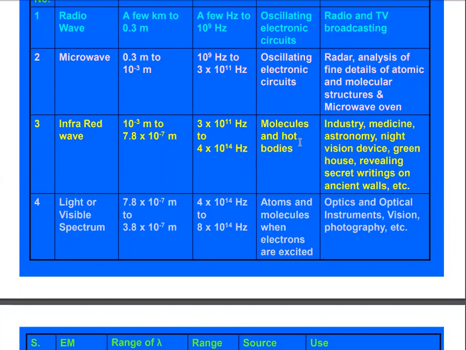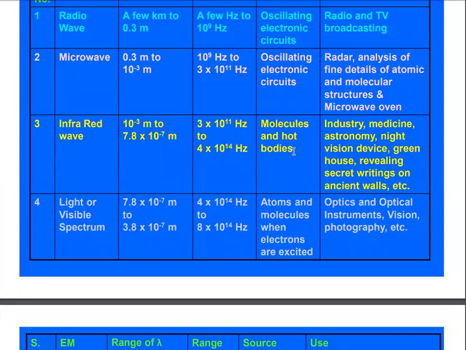Now, how is infrared wave produced? Its basic source is molecules and hot bodies. That means infrared wave carries heat energy along with it. And it is infrared radiation in the spectrum of the solar radiation which carries heat energy from the sun to our earth.